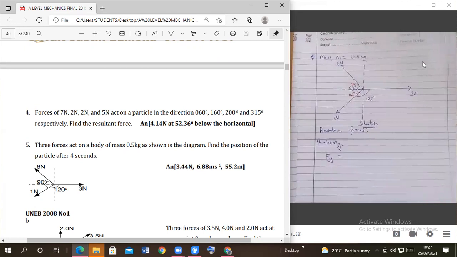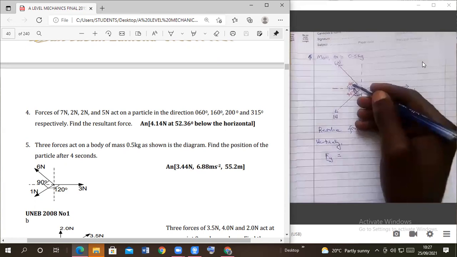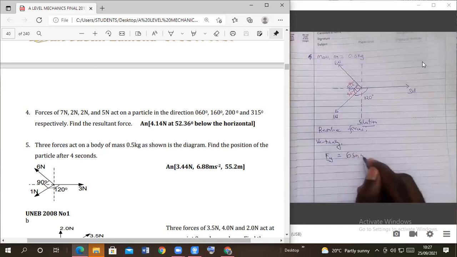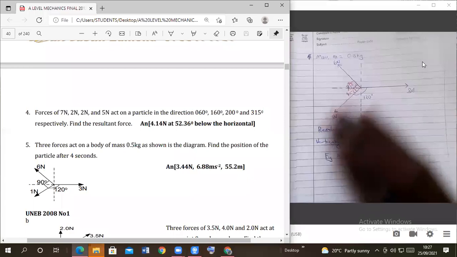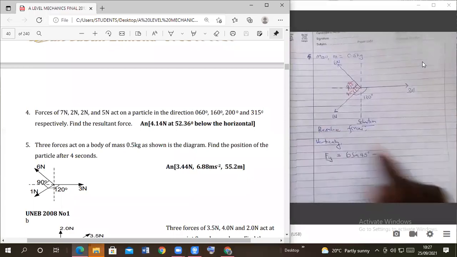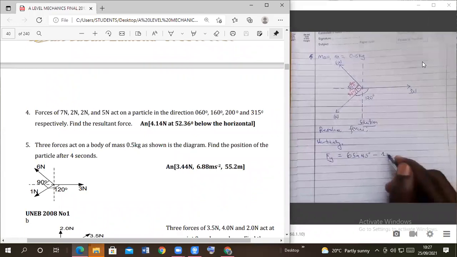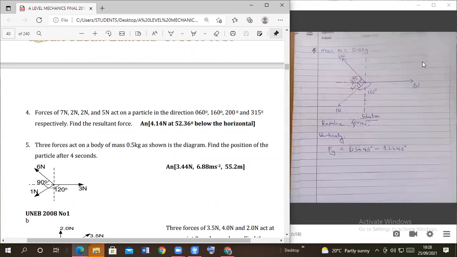Now, if that is true, our Fy, this angle is to the horizontal, which means it's going to be 6 sine 45. Now this is down, right? Minus 1 sine of 45. So what do you get there?